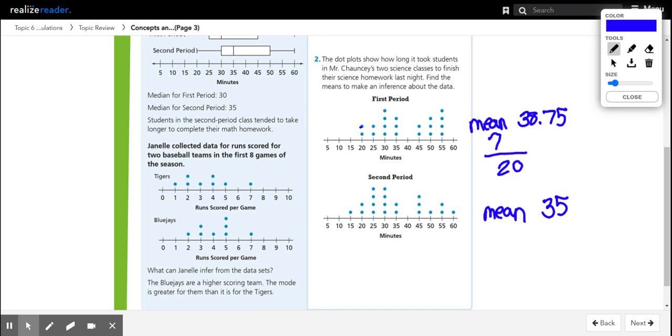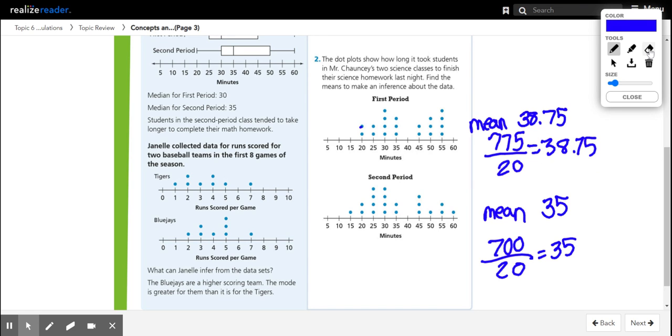We had 775 altogether. Divided by 20 would give us that mean. And for the second one, we had 700, and it's still 20 people, and you would divide that by the 20 people, and you'll get 35. So that is how I got both of those means.